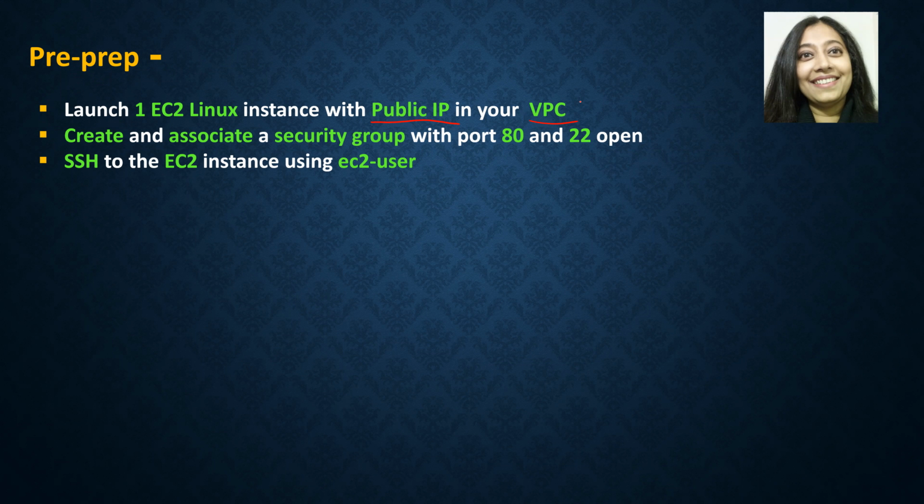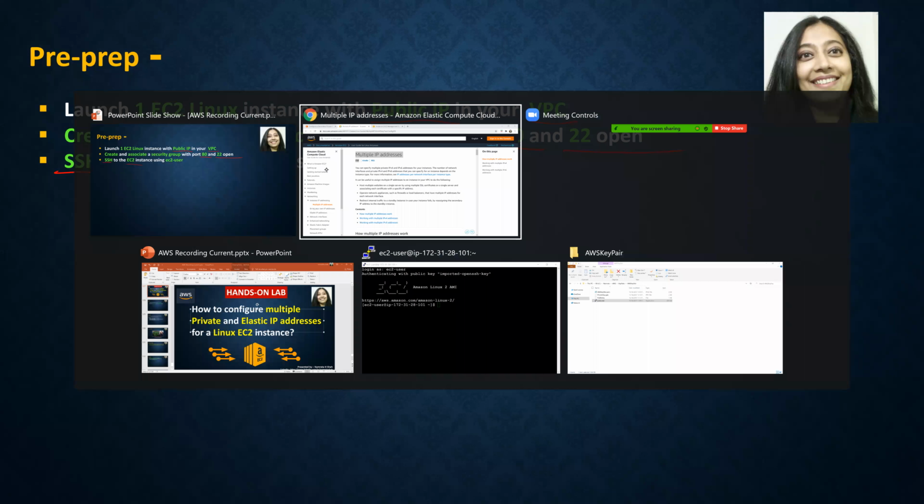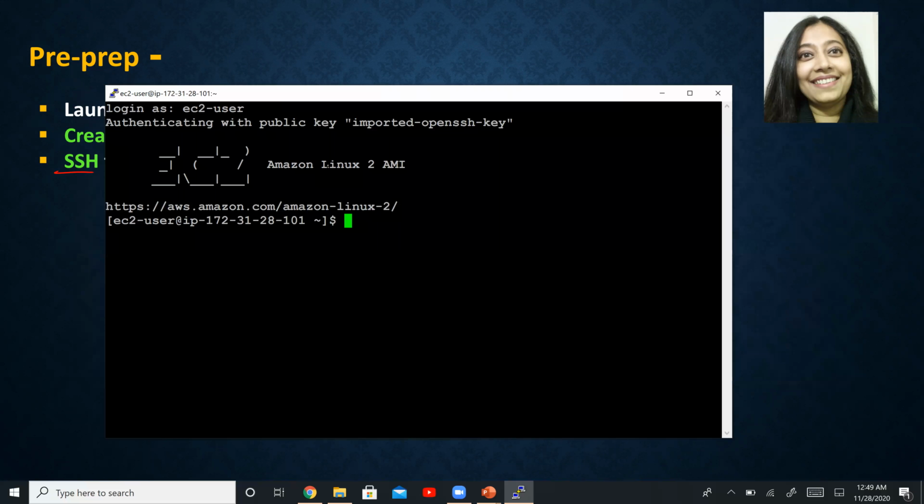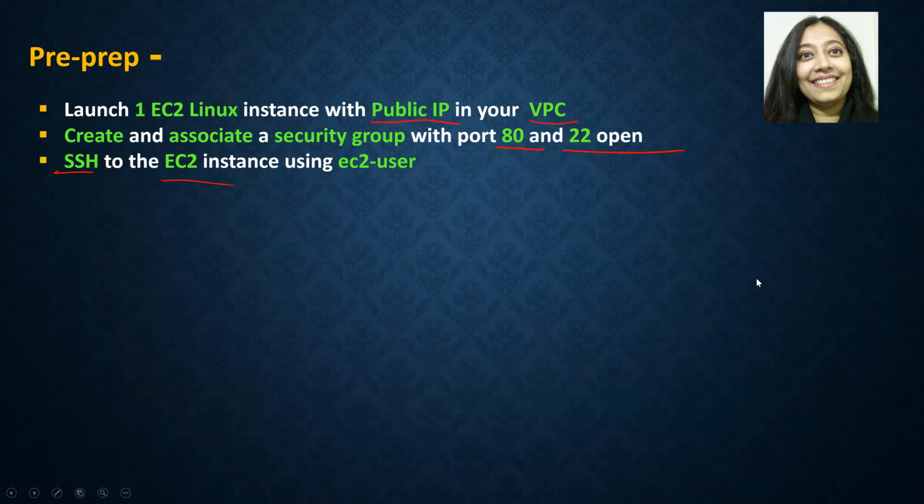Ensure that whatever security group you associate with your EC2 instance has port 80 and 22 open. Finally, just go ahead and SSH to your EC2 instance using ec2-user. Now, in my case, I have already completed all these steps, and I am connected to my EC2 instance. So we will continue further ahead from there.